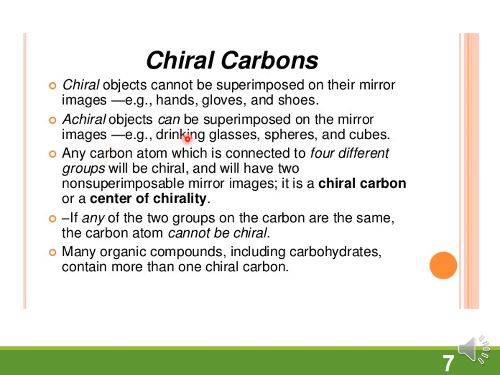It is a chiral carbon or a center of chirality. If any two groups on the carbon are the same, the carbon atom cannot be chiral. Many organic compounds, including carbohydrates, contain more than one chiral carbon.